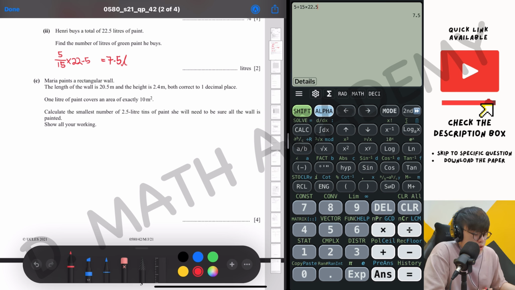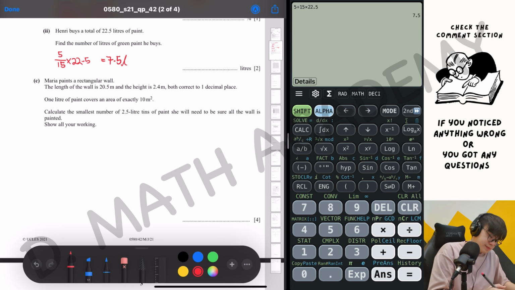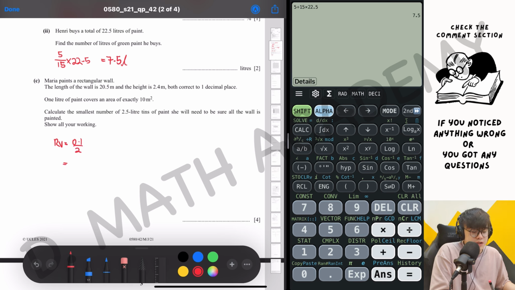painted. Okay, so to calculate this, I need to check the rounding value first. Since they are both corrected to 1 decimal place, the rounding value here should be 0.1 divided by 2. You should be getting it as 0.05.